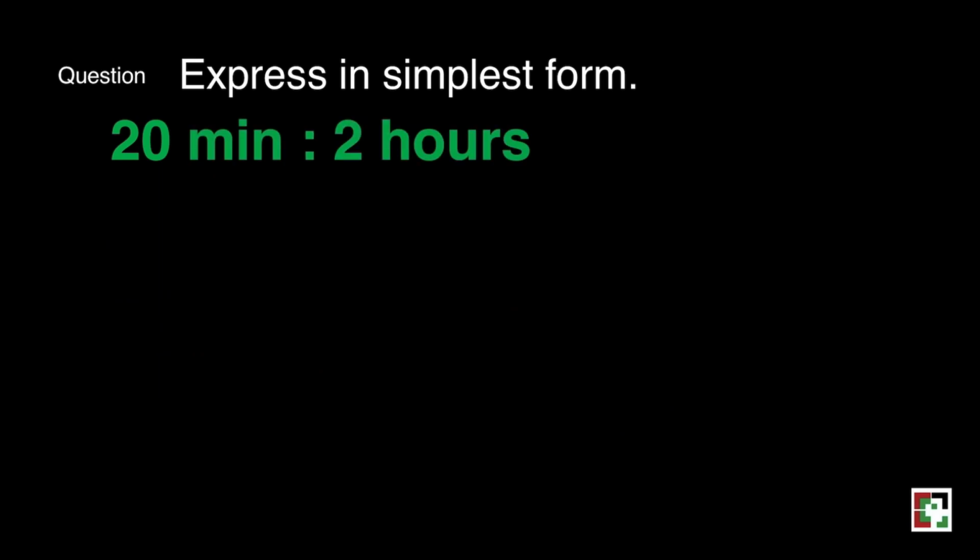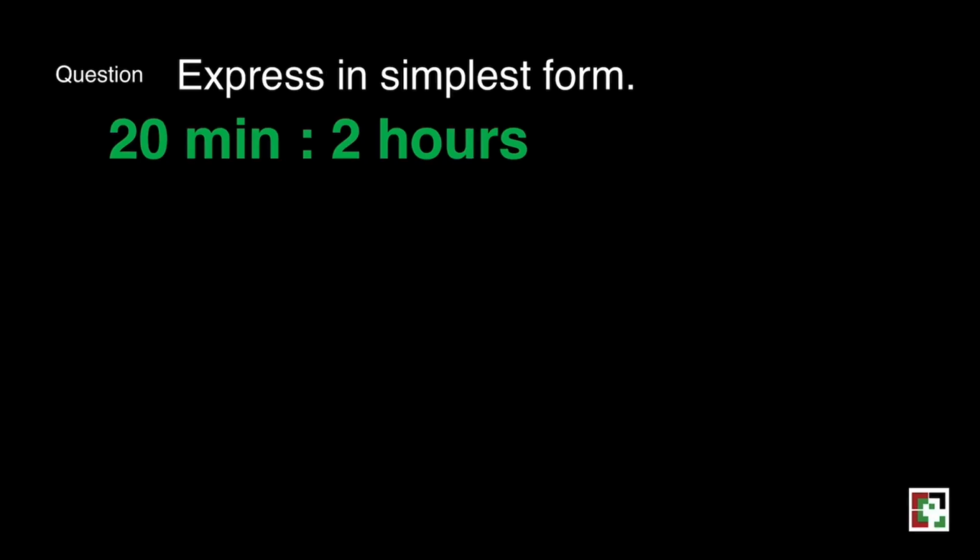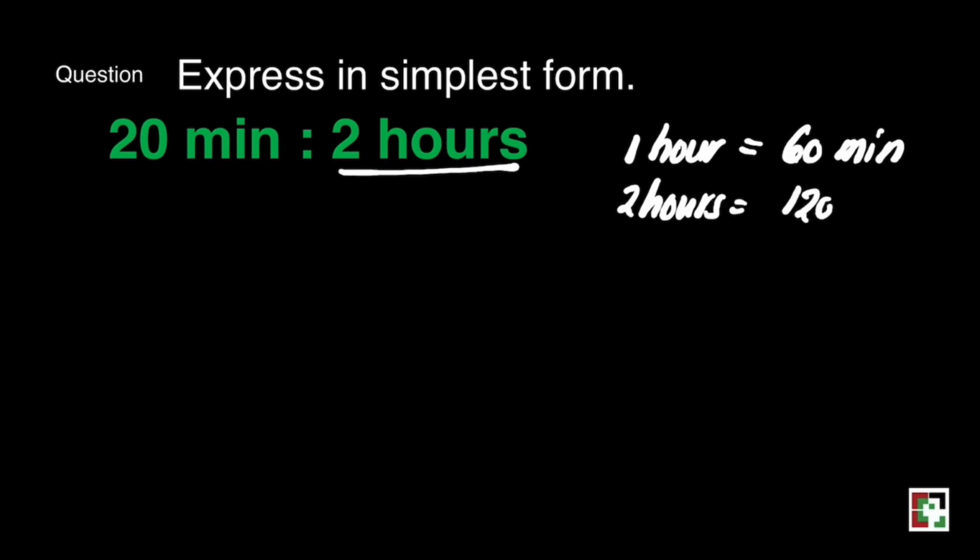Okay, for another one. Express in simplest form, 20 minutes is to 2 hours. They have different labels, so we need to change 2 hours to minutes. 1 hour is equal to 60 minutes, and 2 hours is equal to 120 minutes. Our new ratio is 20 is to 120.